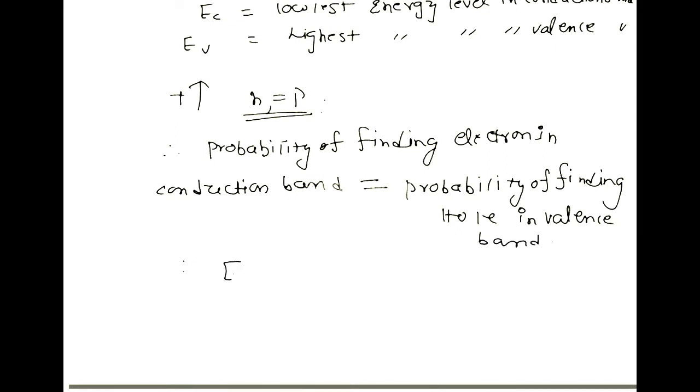Therefore, Fermi level is equal to EC plus EV by 2. So in this particular case, Fermi level is given by EC plus EV by 2.